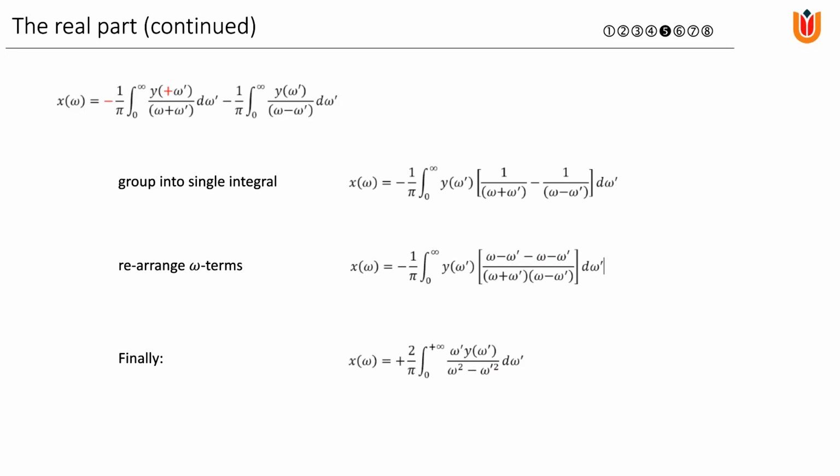And finally, by regrouping, the result is this: x of omega now as an integral running from 0 to infinity frequencies with a changed denominator. When we started out, we had the integral which ran from minus infinity to infinity, and we had 1 over omega scaling in the denominator, and now we have omega. Which at least means that we've tricked our way out of the negative frequencies.